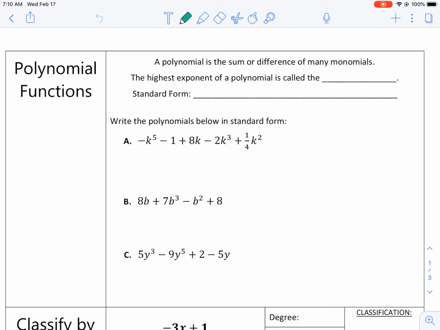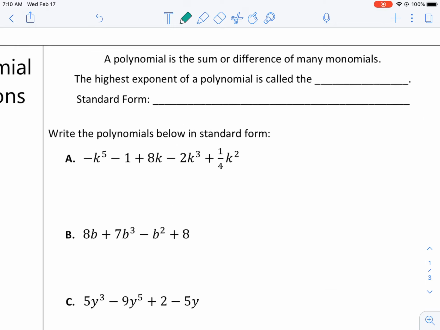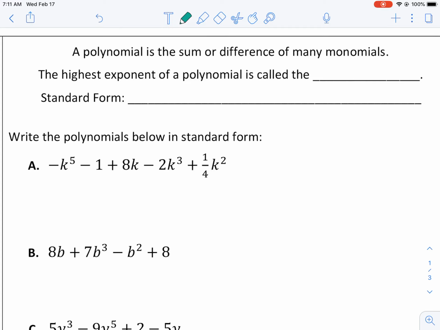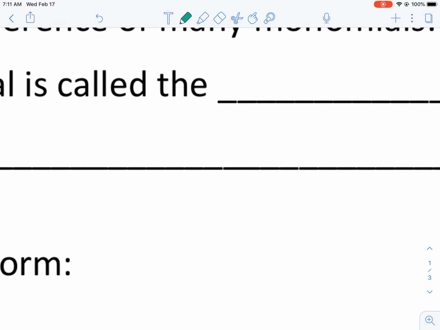A polynomial is basically a bunch of terms added together that involve a variable, and you can have a bunch of exponents like you see down here. The highest exponent of a polynomial is called the degree.